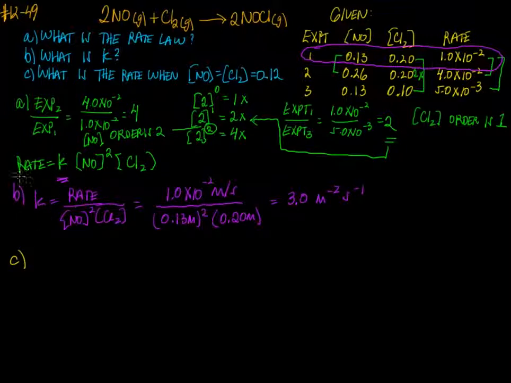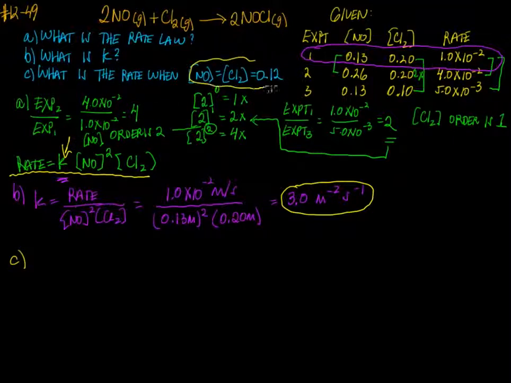Well, basically, we're going to use this rate equation here that we figured out, and we're going to use this rate constant, and we're going to plug it in, and we're going to use values of 0.12 for each of the concentrations.